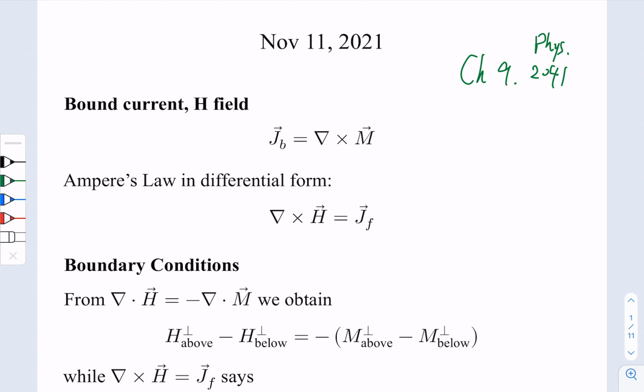From this magnetization vector we can find the bound current distribution, and from this bound current distribution we can define an auxiliary field that is simply called the H field. Even though it's a magnetic field, it doesn't have a specific name.